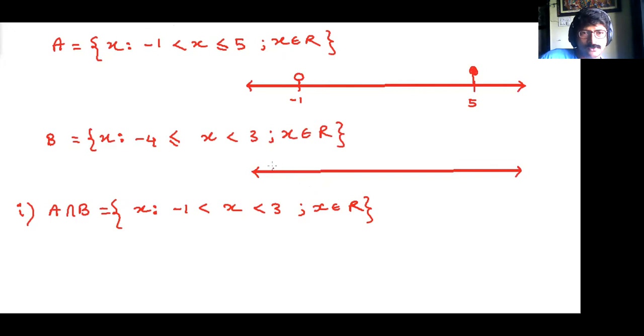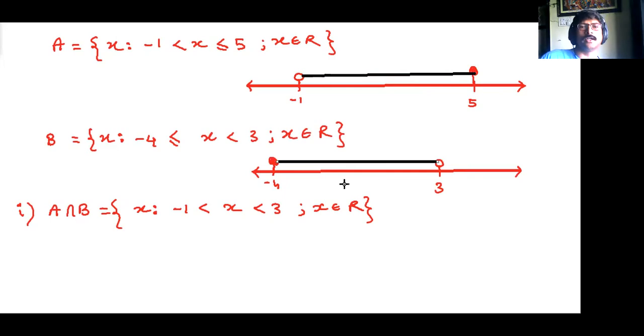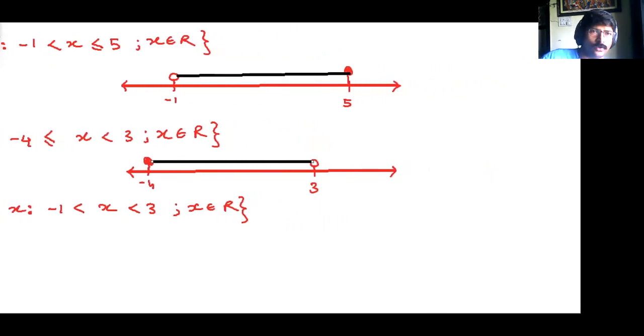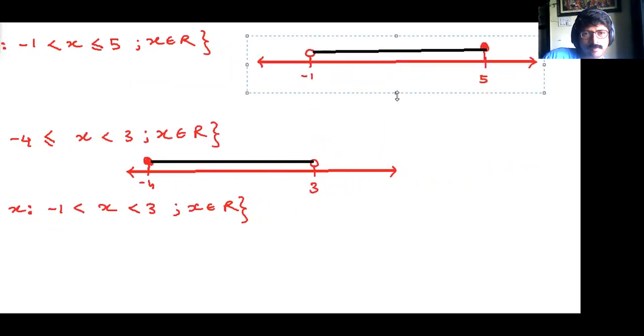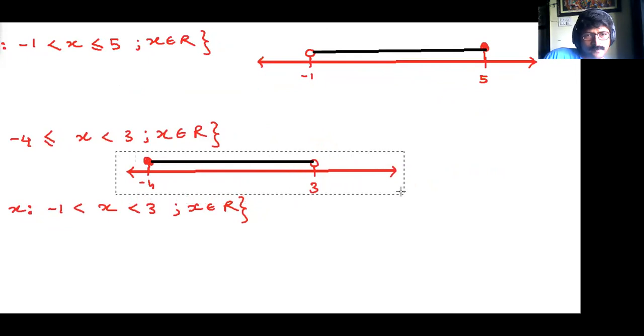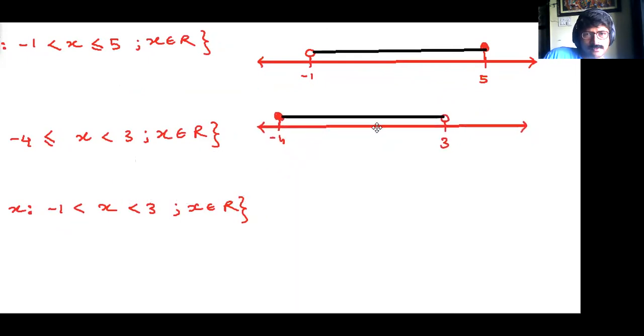And यहाँ पर -4 पे dark lollipop है, and on 3 पे empty lollipop है. I hope you got these two sums very nicely and perfectly. This is how we've drawn these two number lines. Now what is the common part? Look at this. If you see very carefully, something is not so clean there. Okay, fine. I'll just take it a little aside so that there would be better clarity. Now is it better? Hopefully, yes.